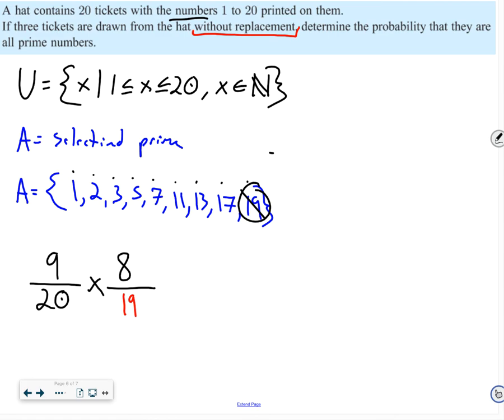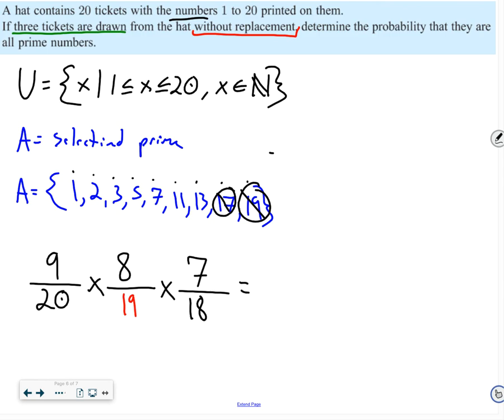Now we want to determine if we pick 3 tickets at random, they're all prime numbers. So from this we do times. Well, we threw the first 2 tickets out, so we're left with 18, and the first 2 numbers were prime. So for the third ticket, we only have 7 to choose from.